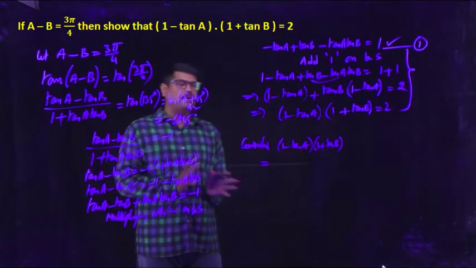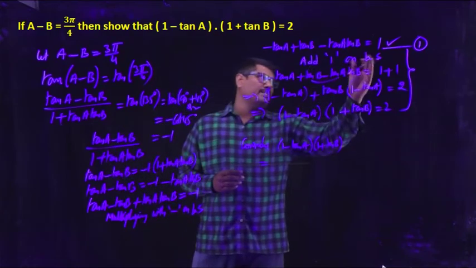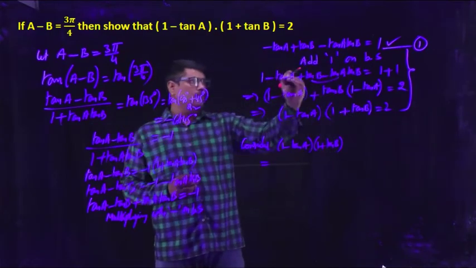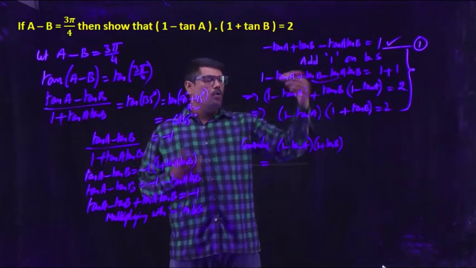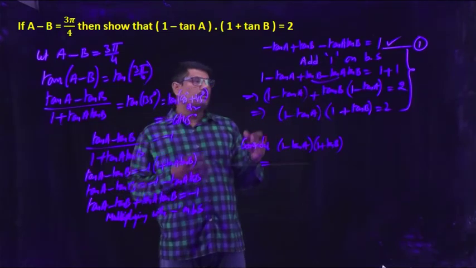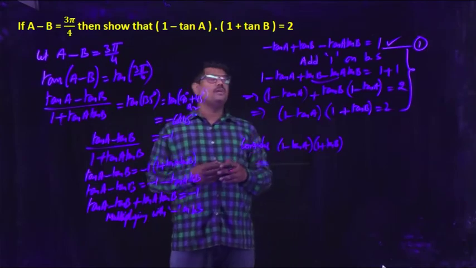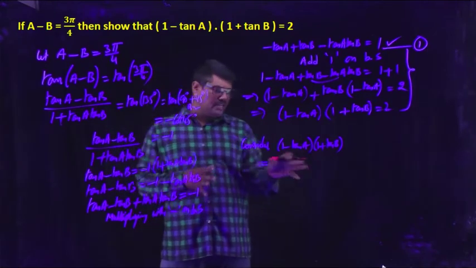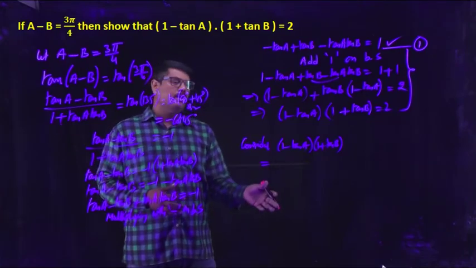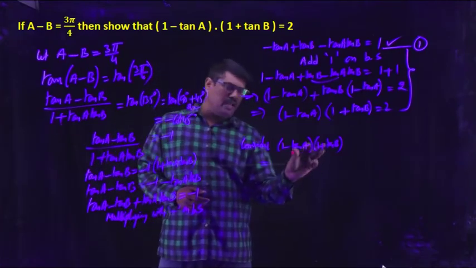That is our requirement. If you are not getting the idea why we are adding 1 on both sides, you can proceed in another way. We need to prove this expression value as 2.